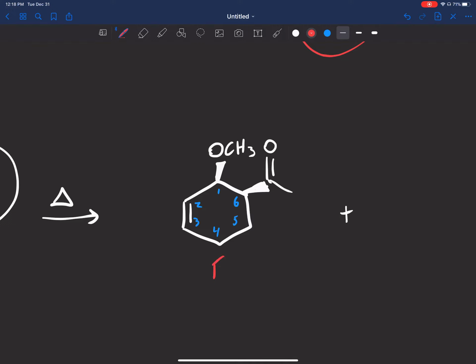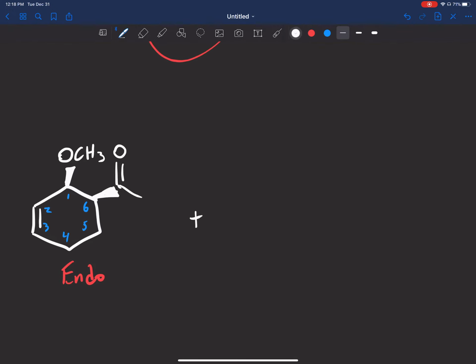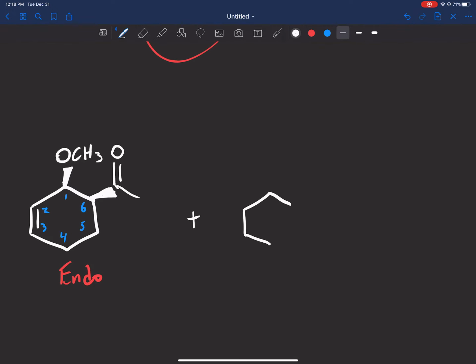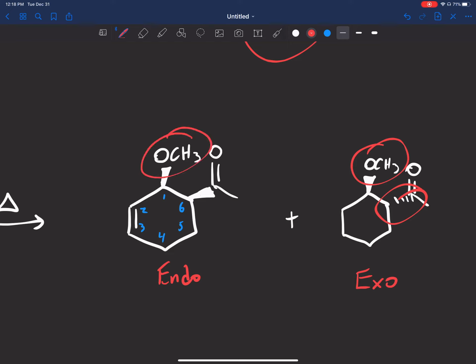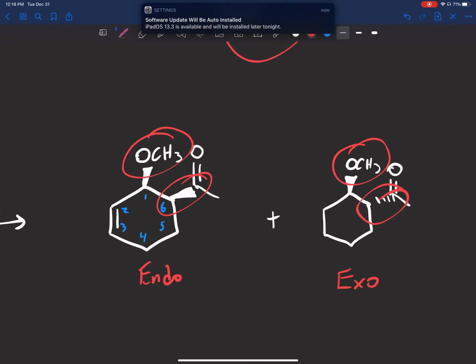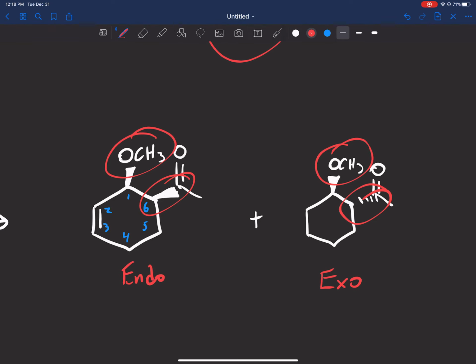So endo, exo, right? In this case, this is the exo product, the minor product, because the trans group is opposite stereochemistry of the electron withdrawing group. The endo product, the trans group is cis, or the same, it has the same stereochemistry as the withdrawing group. All right.